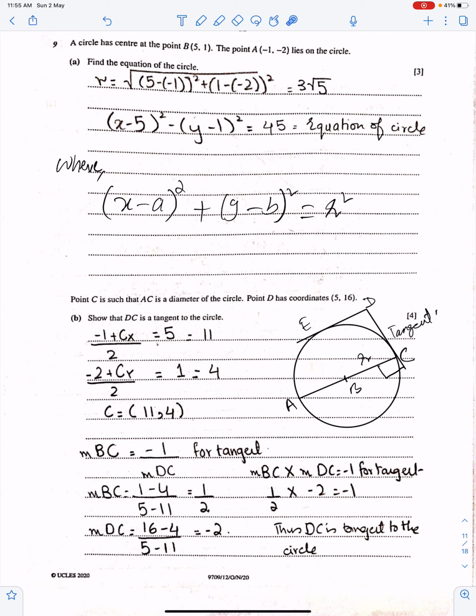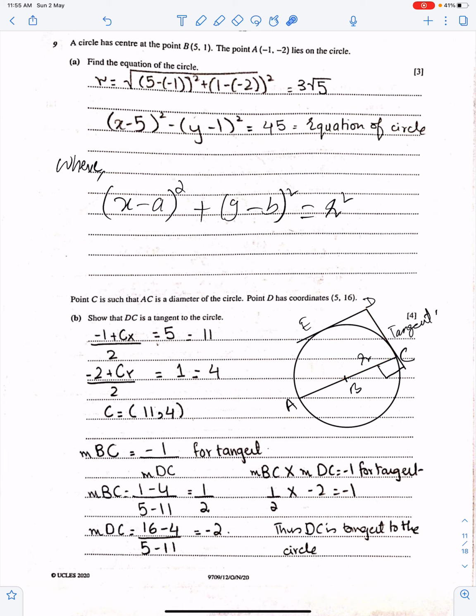So we just need to check the gradient of this tangent, or we just need to check this product m1 m2 equals minus 1. Well, the gradient of this line AC or BC is half, and the gradient of DC is minus 2.